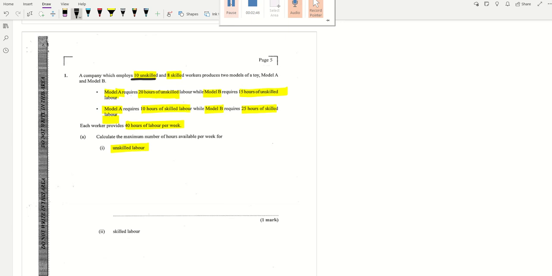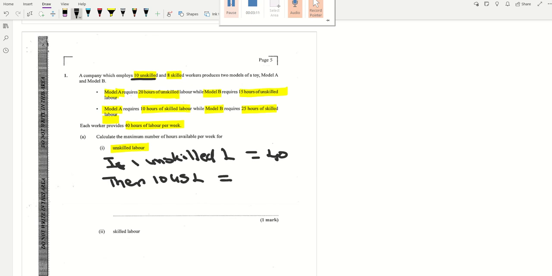So we know that if one unskilled laborer is equal to 40 hours, then 10 unskilled laborers, I'm just putting USL for unskilled laborers, would be 40 multiplied by 10, which is equal to 400 hours of work, right?